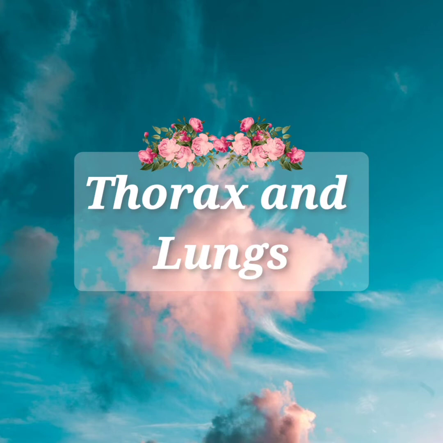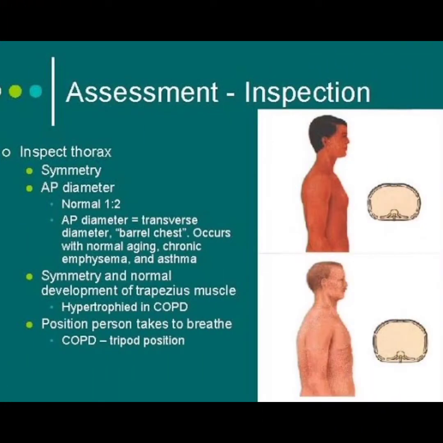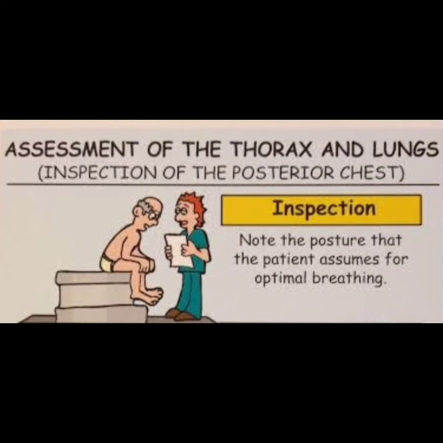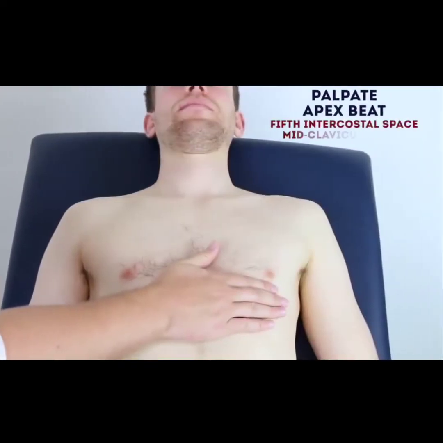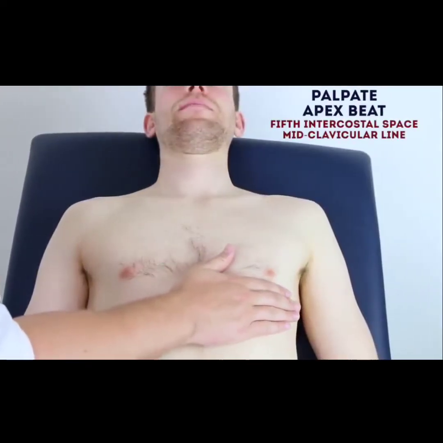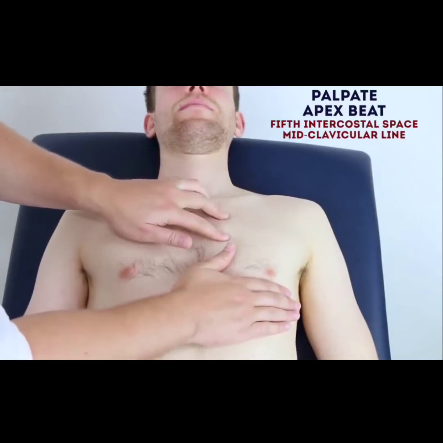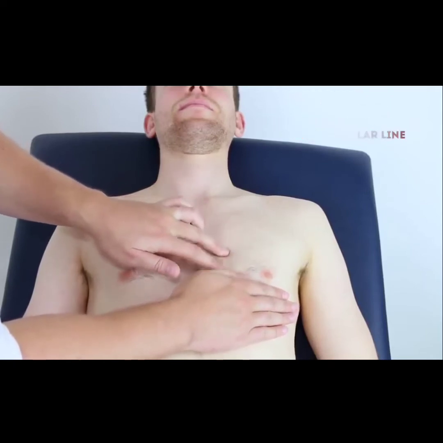Assessment of thorax and lungs. Inspect the shape and symmetry along with the anterior-posterior diameter. Assess for barrel, pigeon and funnel chest. Inspect the breathing pattern and assess for signs of respiratory distress. With the help of palpation, check for the symmetry of chest movements. Inspect the expansion of chest.